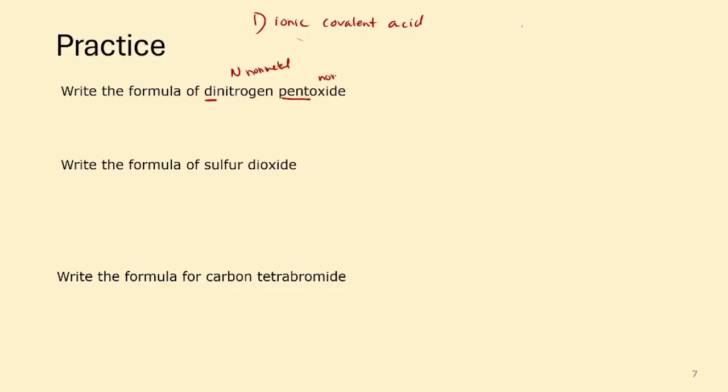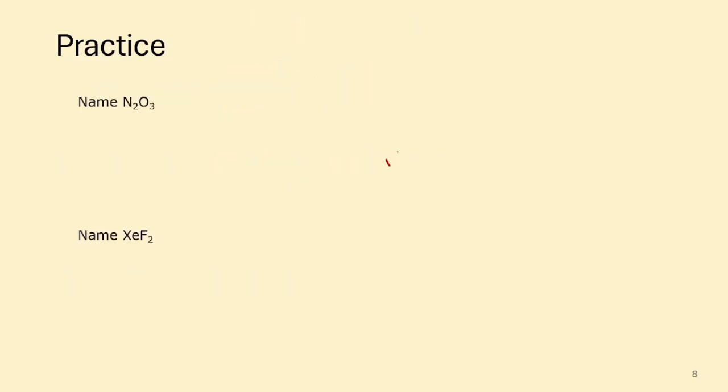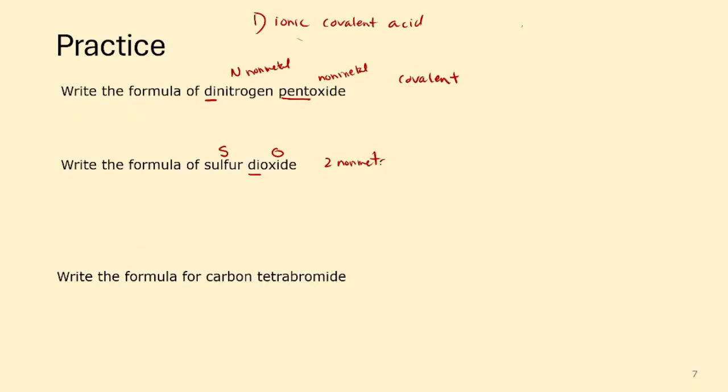And I see oxygen is a nonmetal. So this one is covalent. I see sulfur and oxygen, and I see the di. So once again, 2 nonmetals. So this is also covalent.